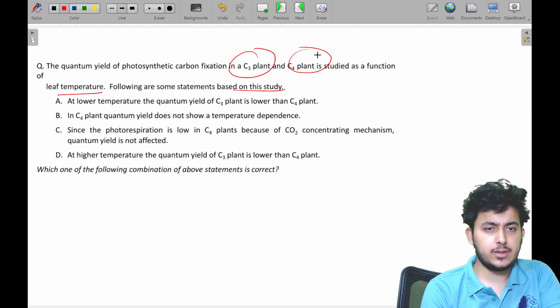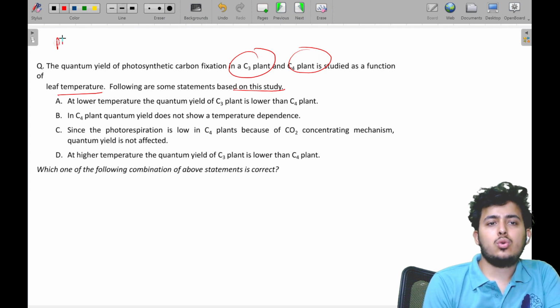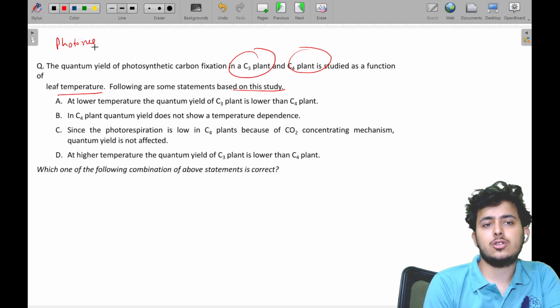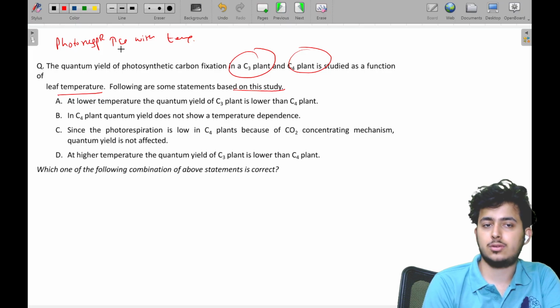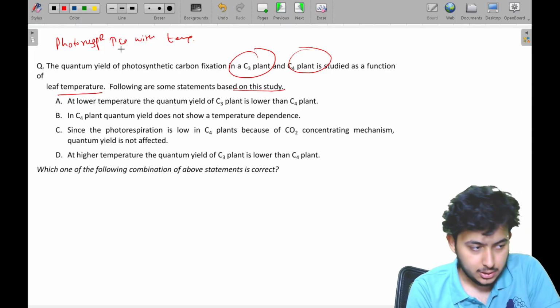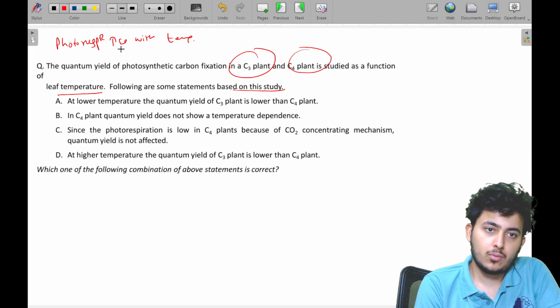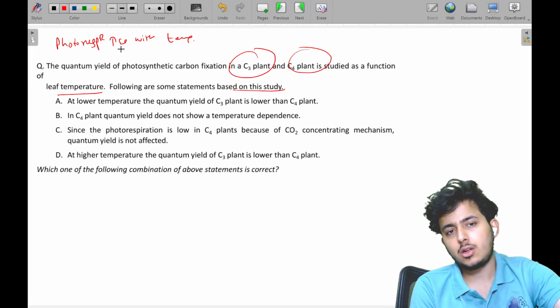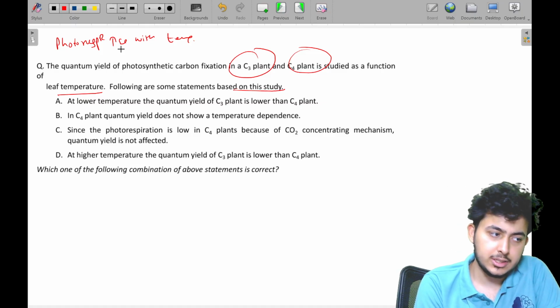Now you have to understand one more important thing: photorespiration generally increases with temperature. If you have higher temperature, your photorespiration chances will increase.